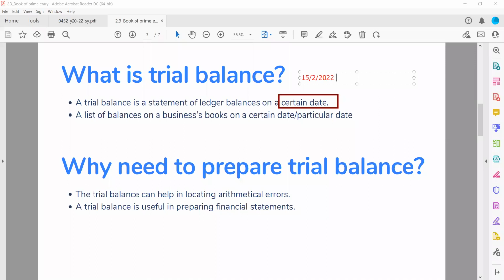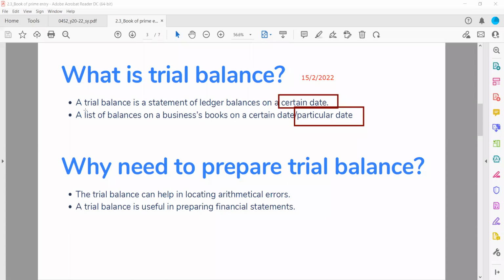Tomorrow or before today, all could be different amounts. That is called a trial balance. When they mention a certain date, sometimes they call it a particular date.